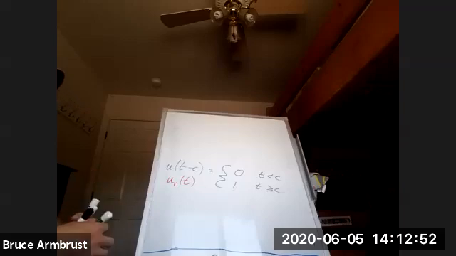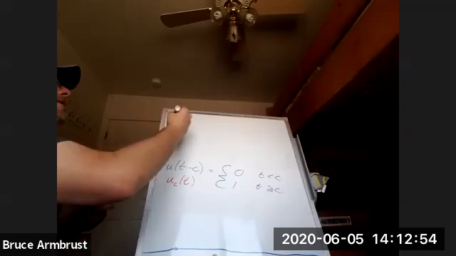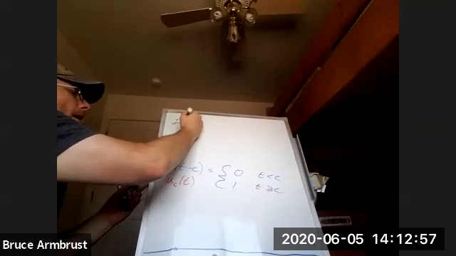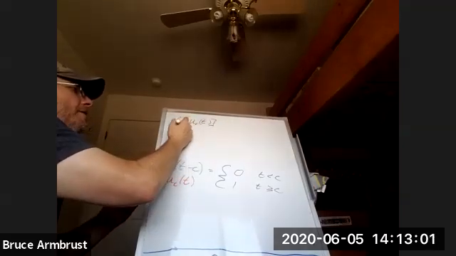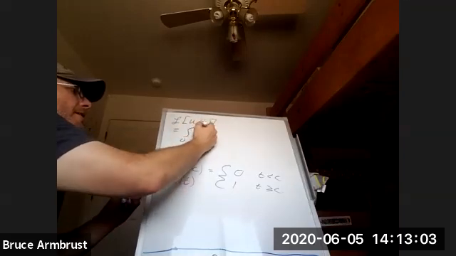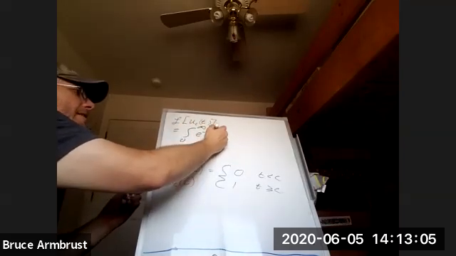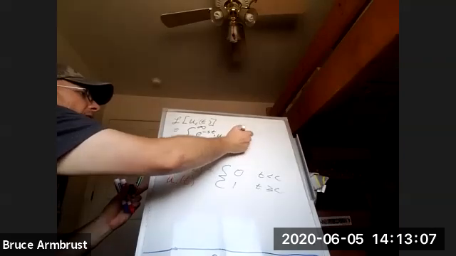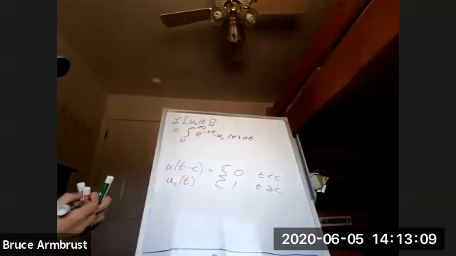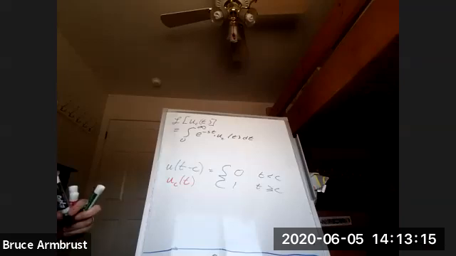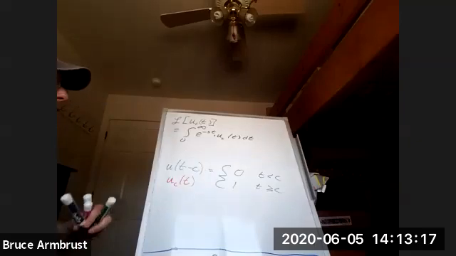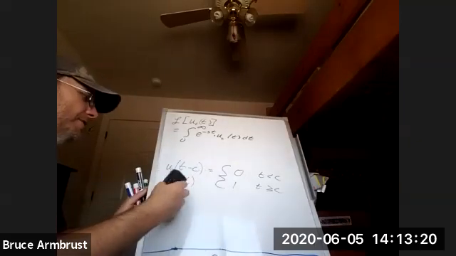All right, so let's find the Laplace transform of it. We'll just go back to the definition. It's the integral from 0 to infinity of e to the minus st times u sub c. So it's going to be 0 all the way up to c, and then it's going to turn into a 1 when we get to c.